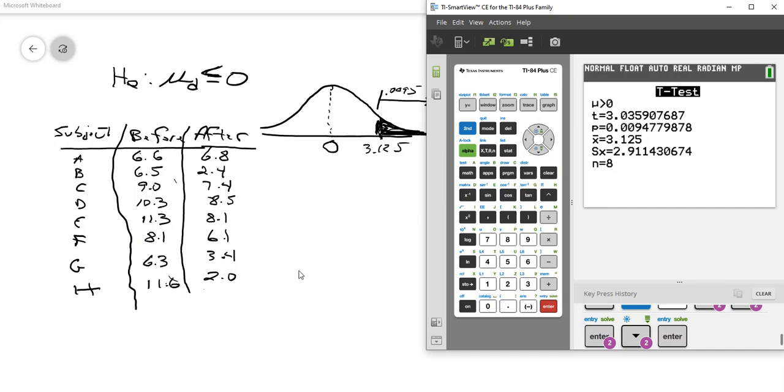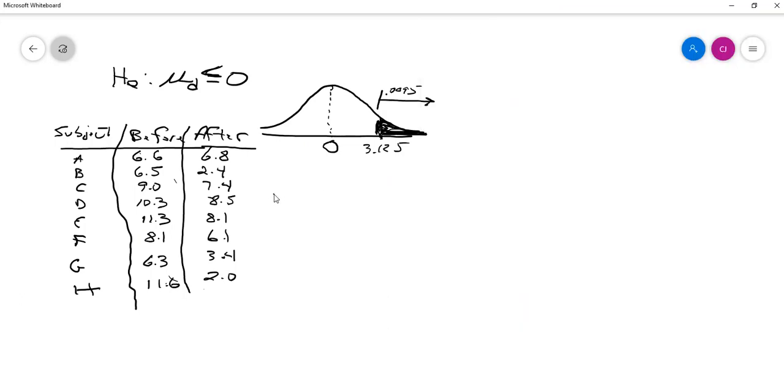All right. Well, we need to conclude. Remember that the rule is: if p is less than alpha, reject H sub 0. I don't have an alpha up there, but let's go ahead and throw one in. I'm sorry, my p-value is right there: 0.0095.